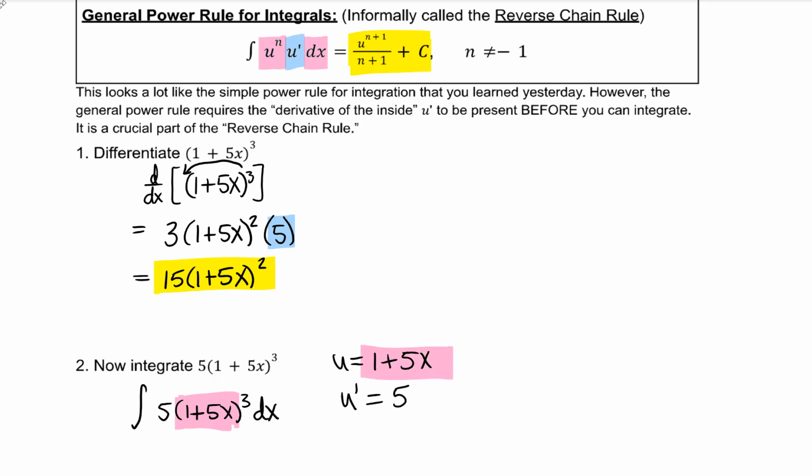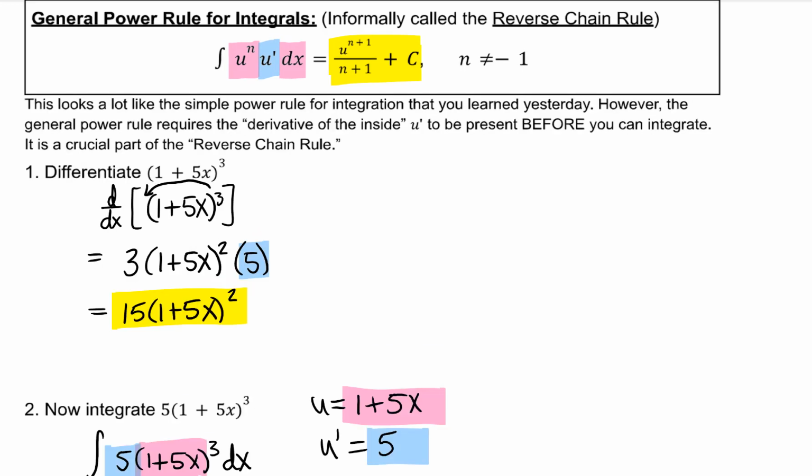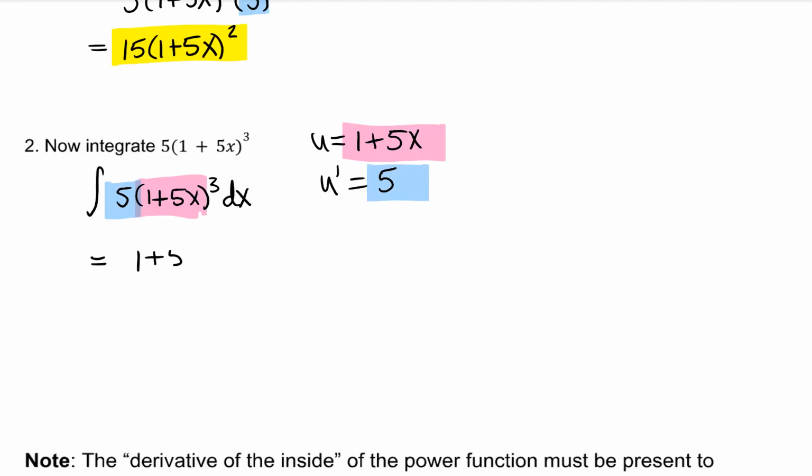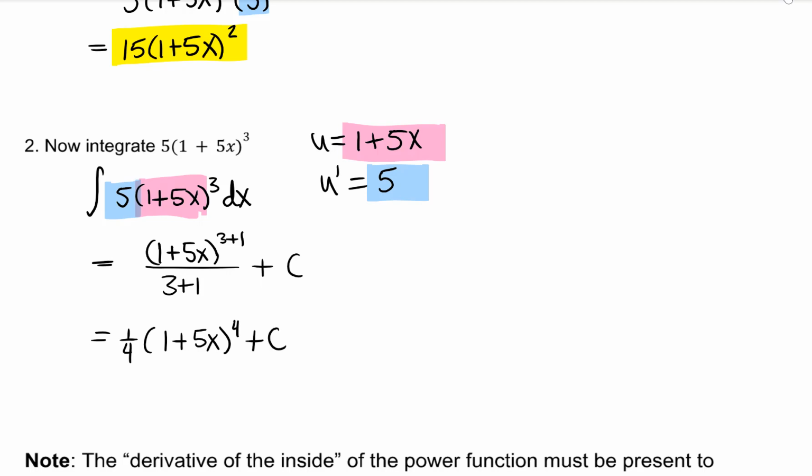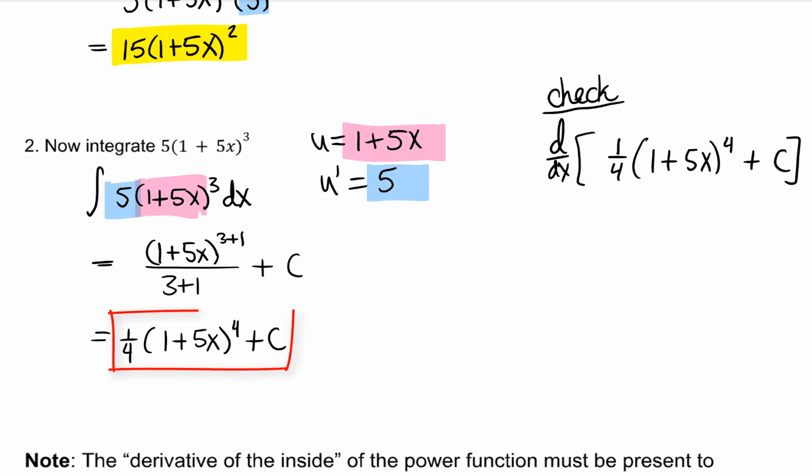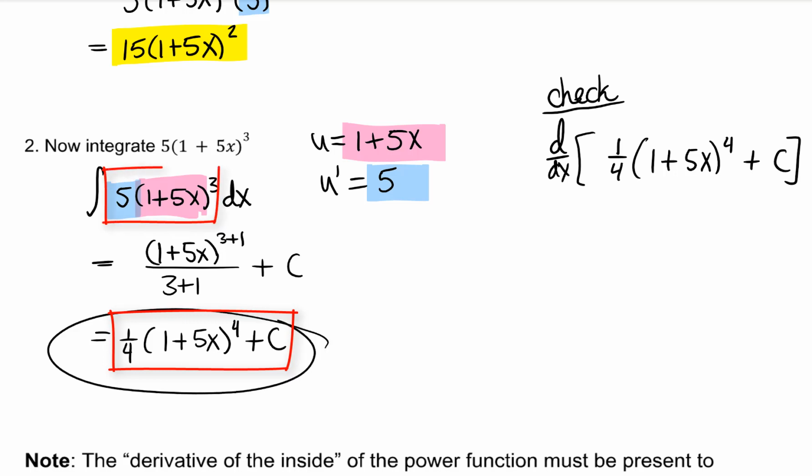Are u and u prime in our integrand? Yes, they are. Only once I've established that u prime is also in the integrand can I integrate using this formula. You can always check by deriving the answer you got for your integral and seeing if it gives us the original integrand.